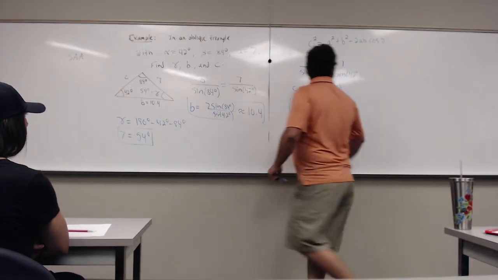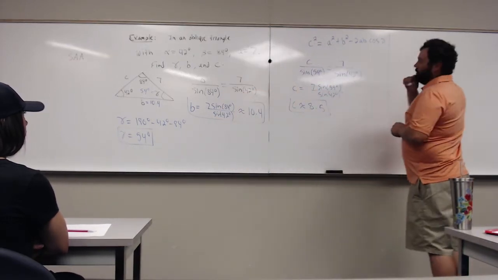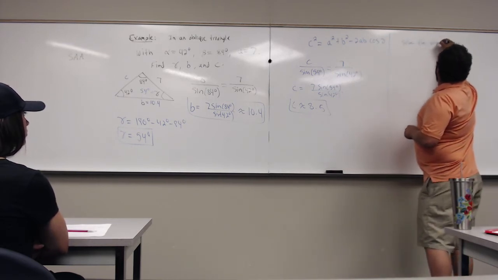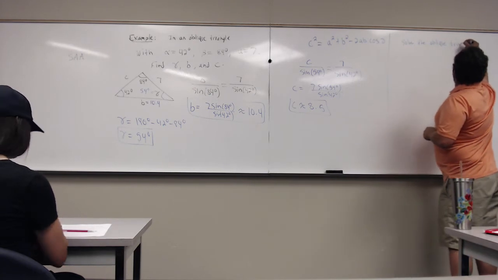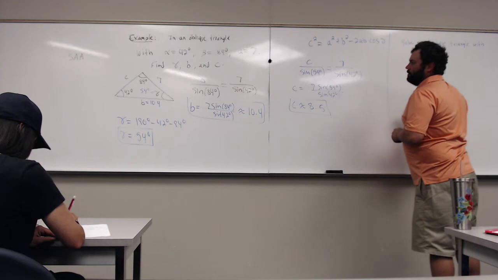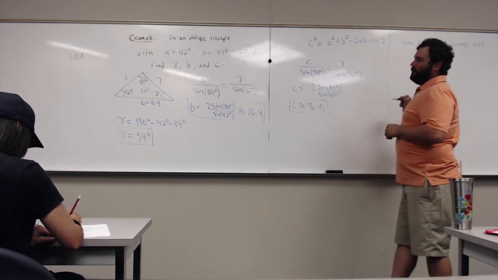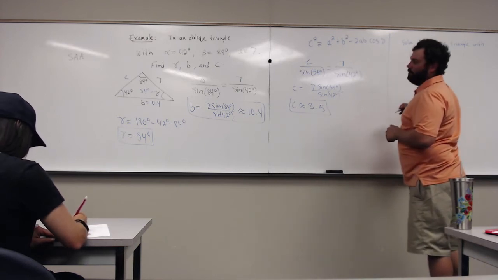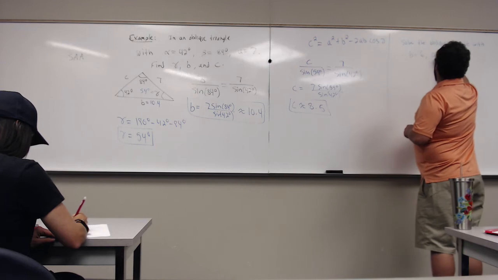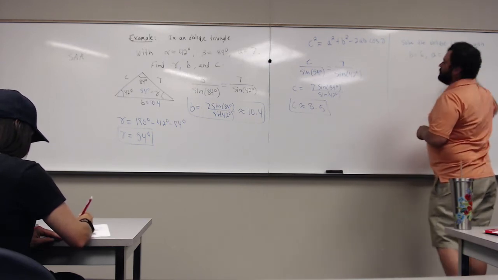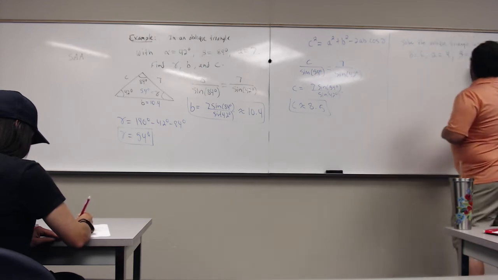So let me make up another one over here. Let's solve the oblique triangle with side-side angle. Let's say we have B equals 6, A equals 4, and beta equals, I don't know, 57.